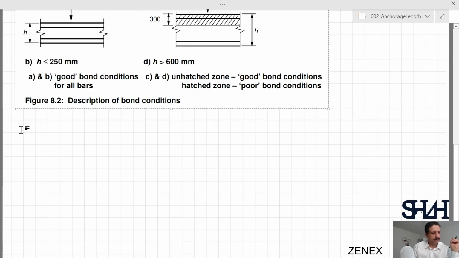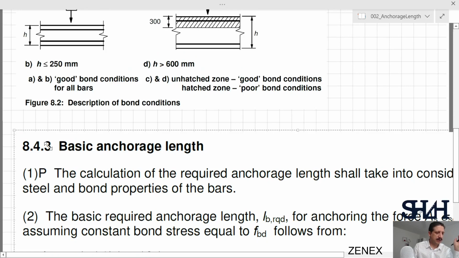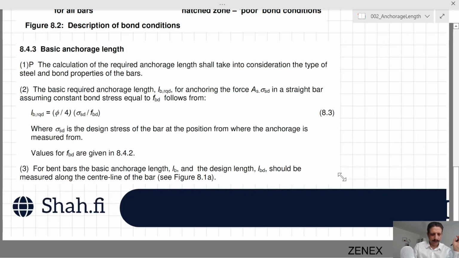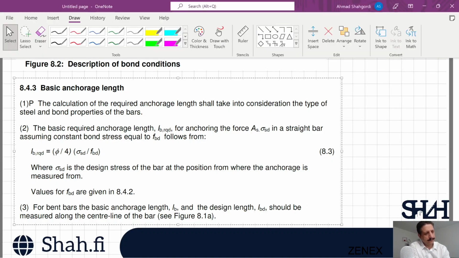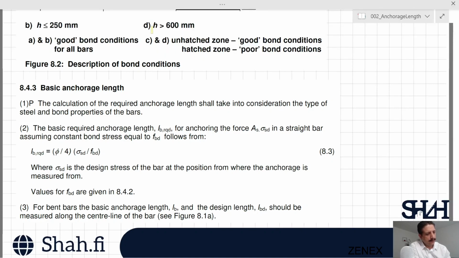After we determined FBD, it's time to calculate the basic anchorage length. So here we can see that this is exactly what we calculated. The equation given in 8.4.3, number 2, is LB required, which is phi divided by 4 times sigma SD divided by FBD.